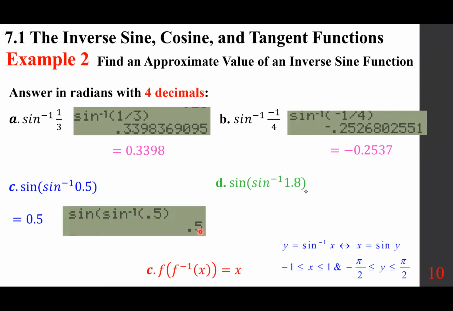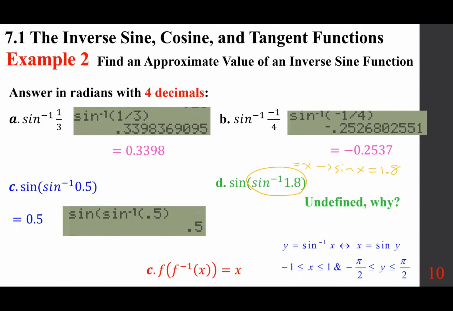Now, what about 1.8? If you look at this part, remember x must be between negative 1 and 1. You can just discuss this part only and say this is equal to x. That means sine x equals 1.8. And this doesn't exist because sine is between negative 1 and 1 only. Therefore, it's undefined.